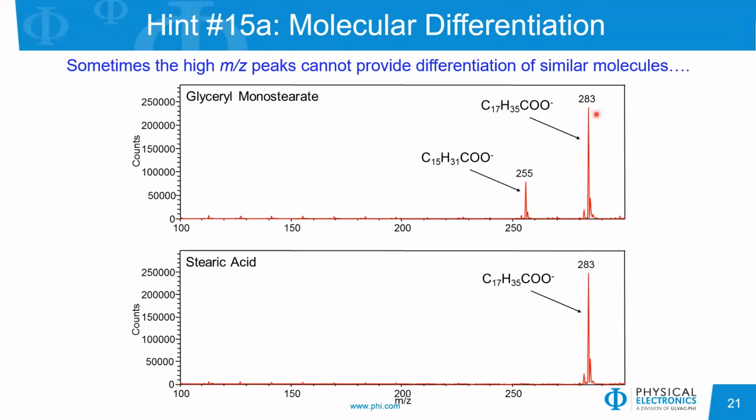Glycerol monostearate gives strong peaks at 283 and 255. There could be the possibility that this 255 is lauric acid and not glycerol monostearate. So we want to dig deeper into the spectral data to see what else we can find.